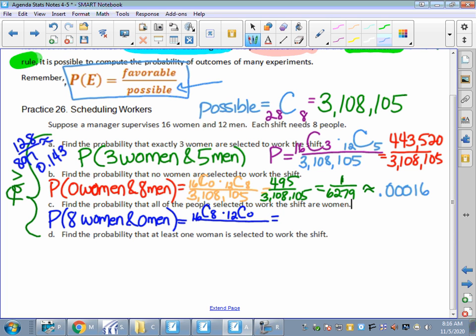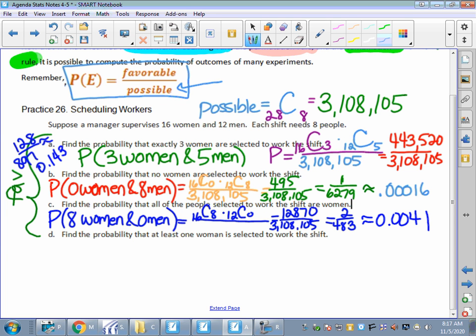I believe when I did that, I think that's a 12,870 over my 3,108,105. When I simplified that guy down, I got 2 over 483, which is approximately 0.0041 maybe, something like that.